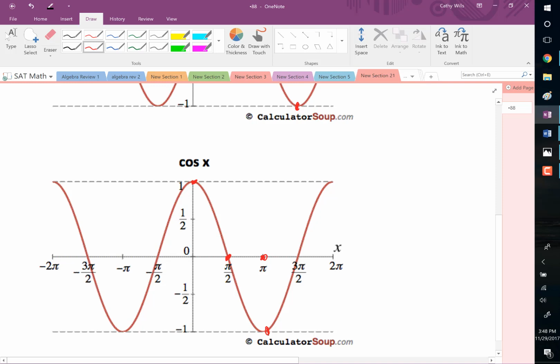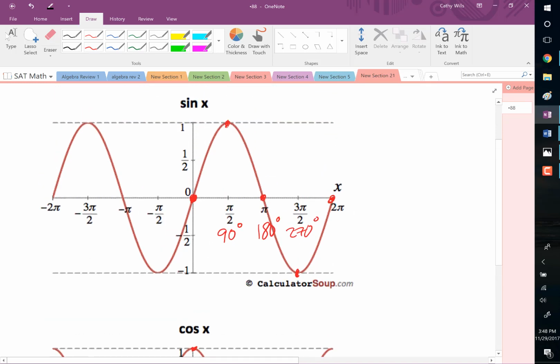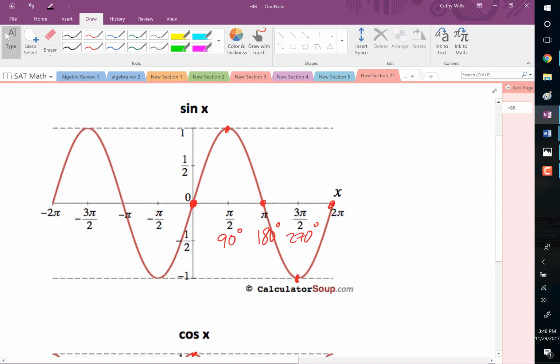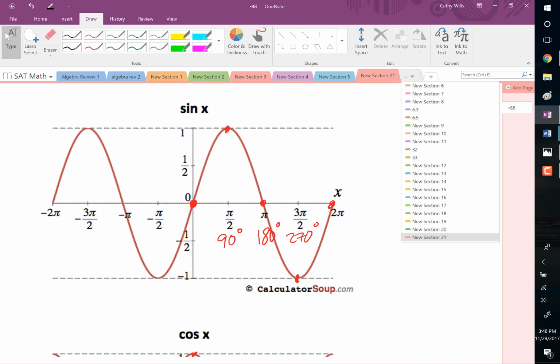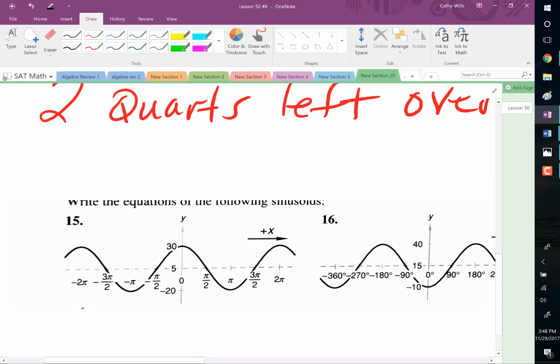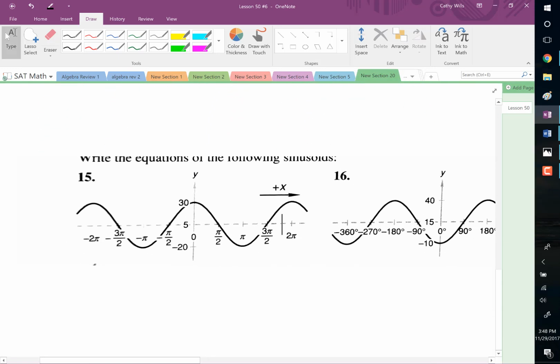All right. So the two things you need to remember first when you're looking at problems like 15 and 16, is that you need to look first of all where this graph starts when it's at the origin. When you're here, is it going through the origin like this? Or is it starting out at the top of the hill, which is what cosine does?